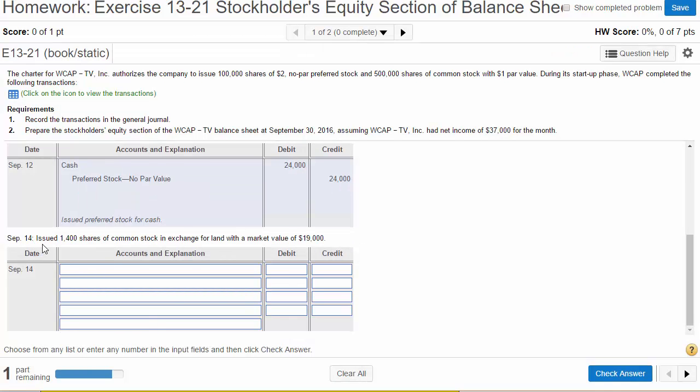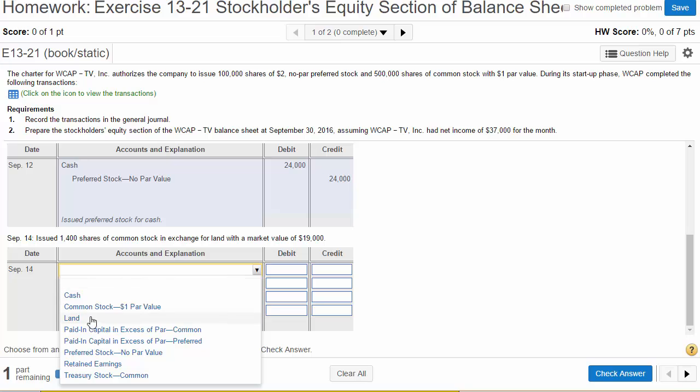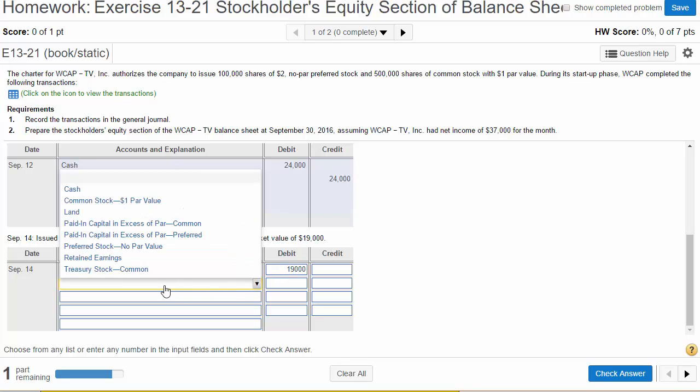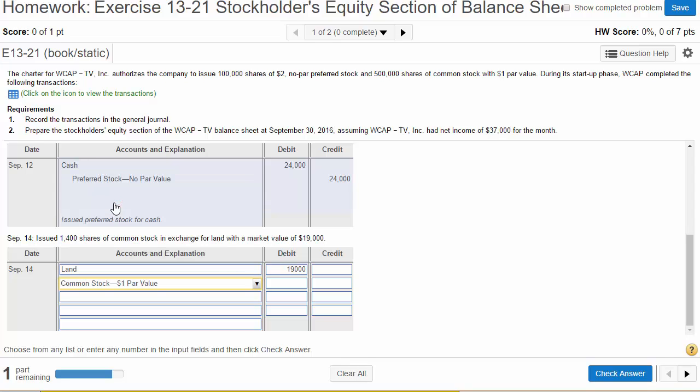On September 14th, we issued 1,400 shares of common stock in exchange for land. And the land has a market value of $19,000. So we increase the land account, and we have to increase our common stock account because we issued stock. And we always have to record it at the par, and the par value happens to be $1.